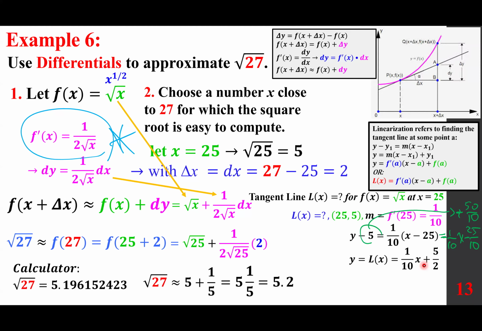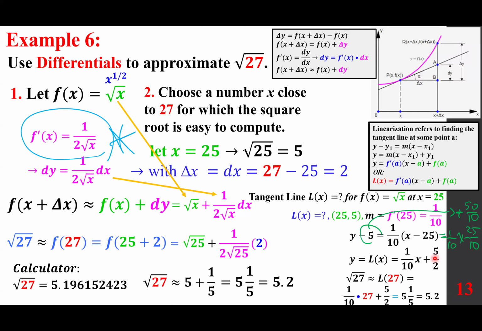What do we want? Square root of 27 or L of 27. What do we do? 1 over 10 times 27 plus 5 halves.